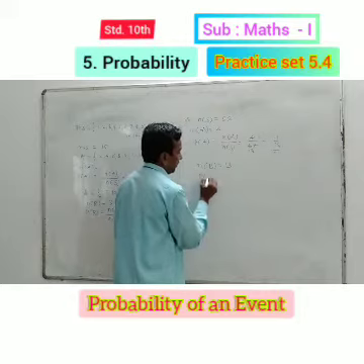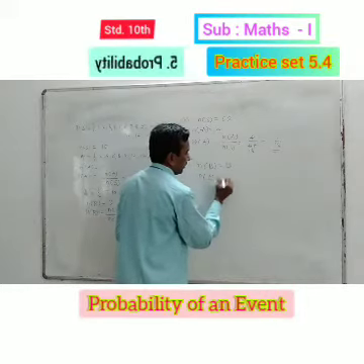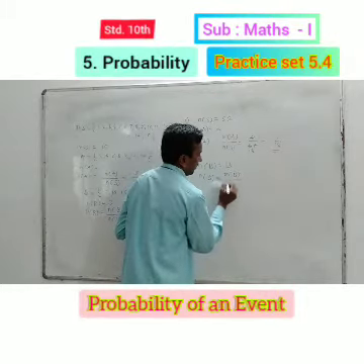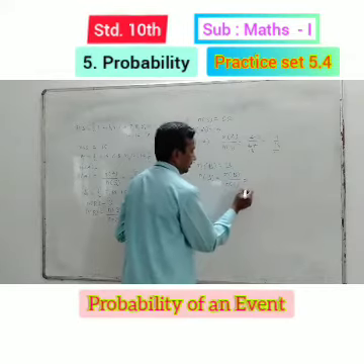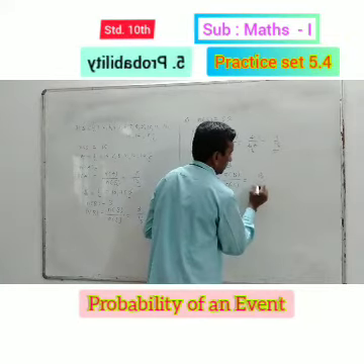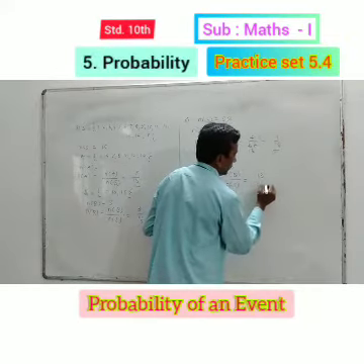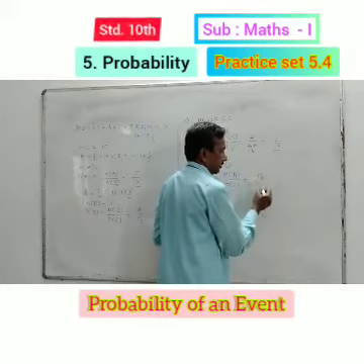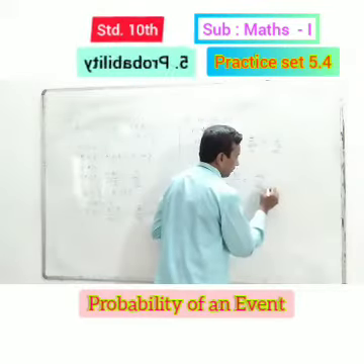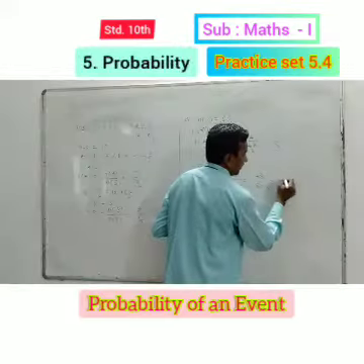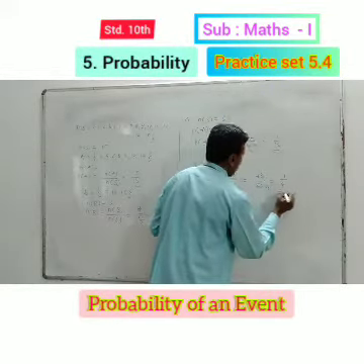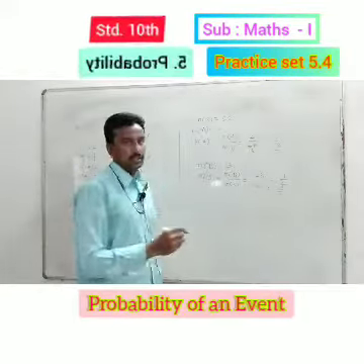Find the probability of B: the number of B upon the number of S. The number of B is 13 and the number of S is 52. Dividing by 13: 13 ones are 13, 13 fours are 52, which means 1 upon 4. Therefore, the probability of B is 1 upon 4.